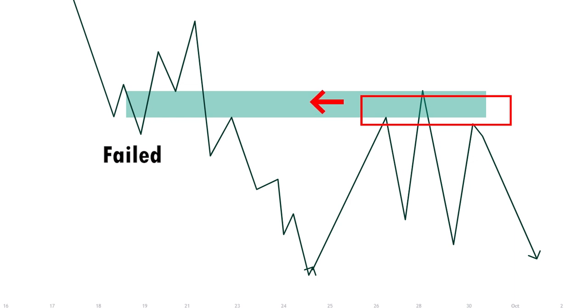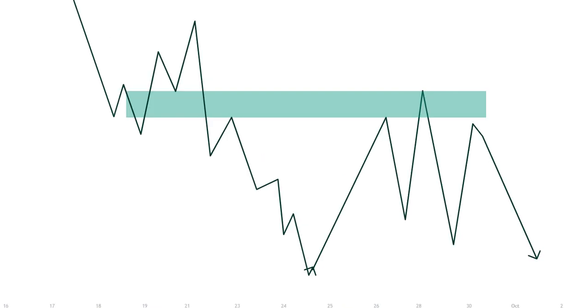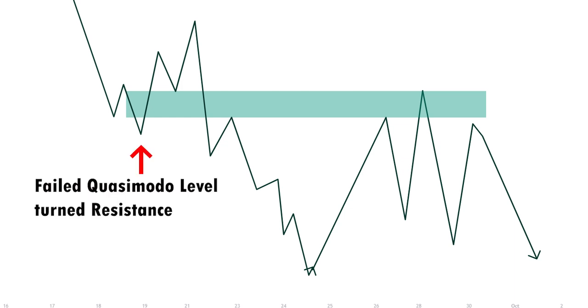It's like the market is saying, okay, we fooled the crowd the first time, but now we're ready to pay the traders who were patient. So here's my personal rule. I never take a Quasimodo setup if I'm not sure what it's forming on. If it's forming on random price action, skip. If it's forming on a failed Quasimodo level that has flipped into support or resistance, I take it, and most times it delivers beautifully.